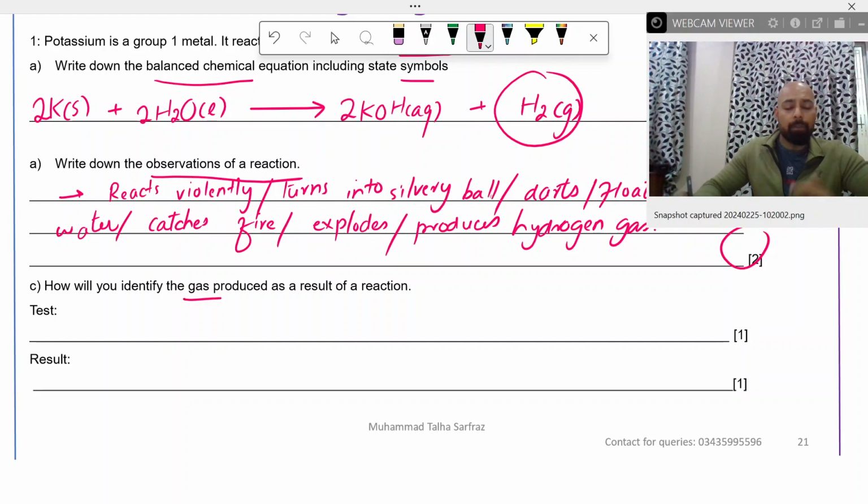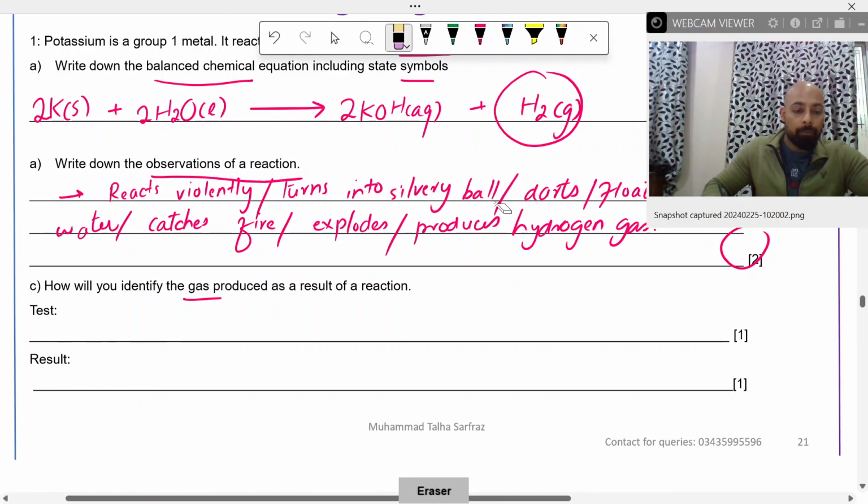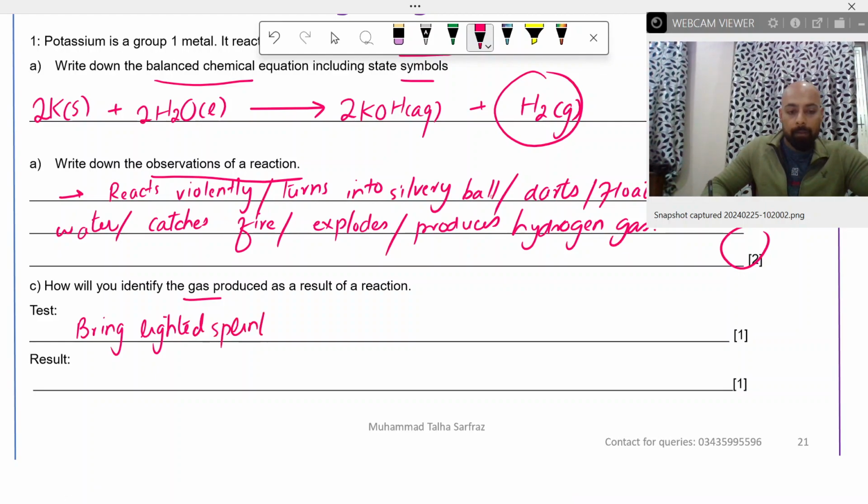Okay, so you might be studying this in the junior classes as well, that you can test it by a lighted splint, or you can write down: bring a lighted splint near the gas, ठीक है, or near the test tube from where it is being produced if you're doing the reaction in a test tube, ठीक है, and what is the result?